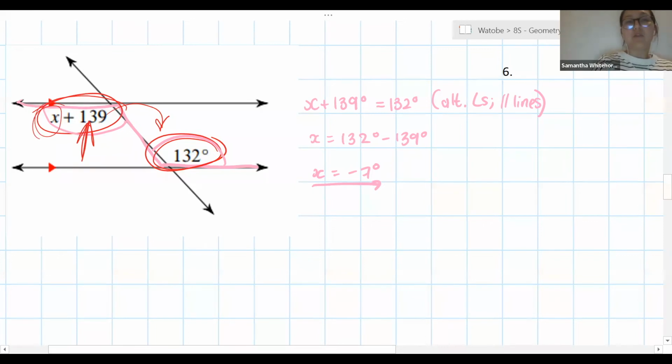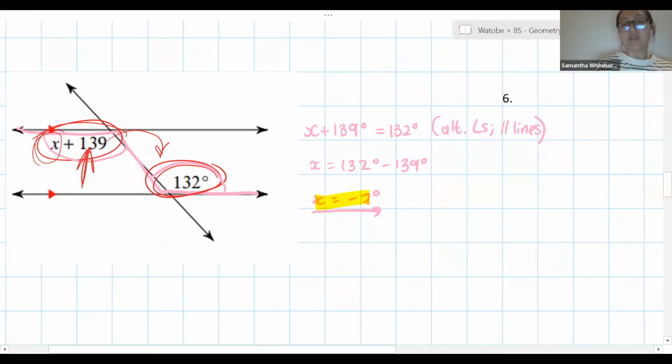And remember, you can always double check yourself by taking your answer and substituting it in. If you say -7 plus 139, you'll get 132. So it's not often that we get negative angles, but it can happen. It's the same as it's not often that we get fractions or decimals for angles, but it can happen. It's for me to show you that these things can happen, but it won't pop up a whole lot. So you've seen it, it can happen, but don't stress too much about it. And you know you can check your answer if you're unsure.